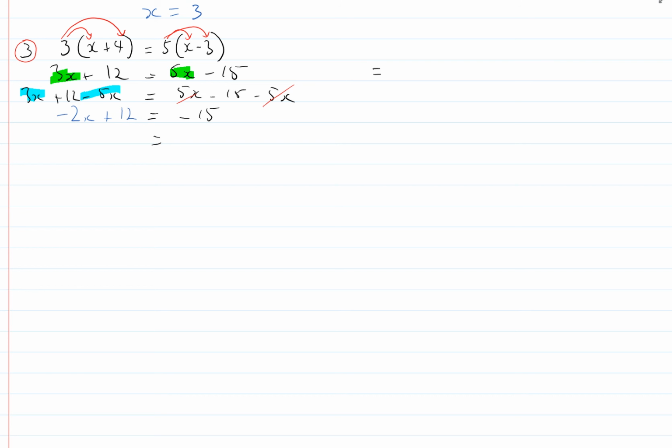My next step then would be to take away 12 from both sides: minus 2x plus 12 take away 12, and minus 15 take away 12, and so I get minus 27, and they cancel out, so I get minus 2x equals minus 27. I'm dividing to get rid of that minus 2, because it's been times, I need to divide by minus 2.